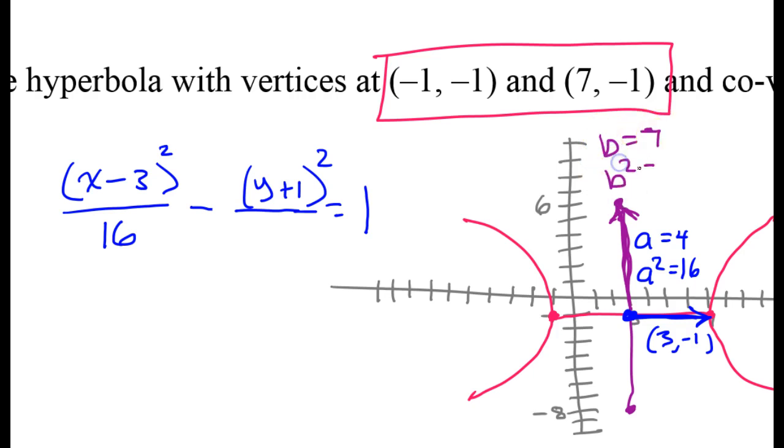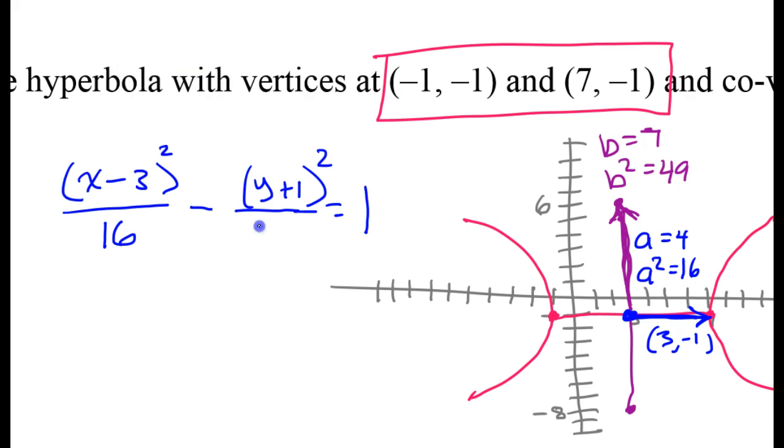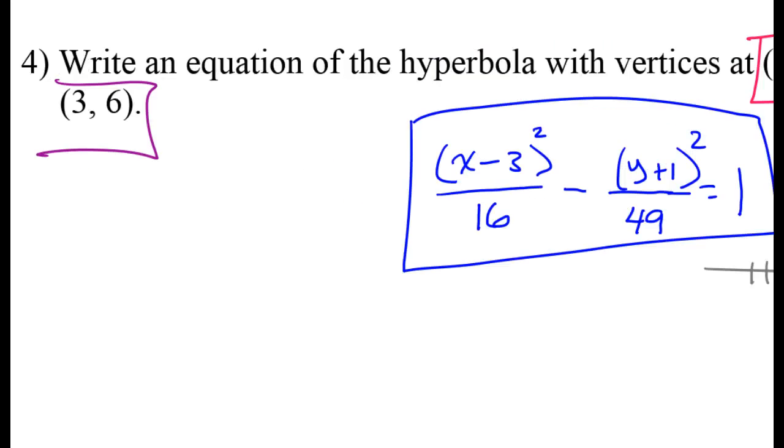That means b squared is 49. So once again, b squared will often be bigger when you're dealing with hyperbolas. For hyperbolas, the a squared will always be first, and the b squared will always be second. So that's it for problem number 4.